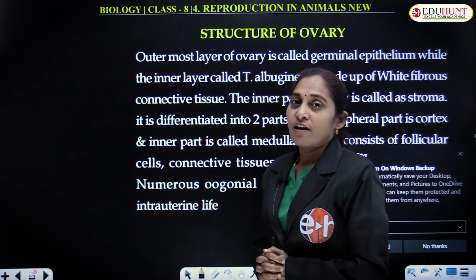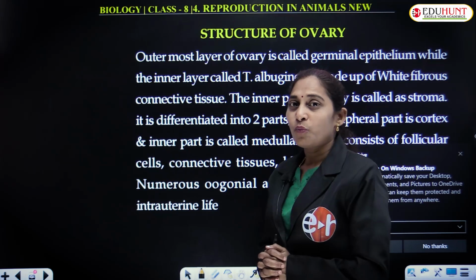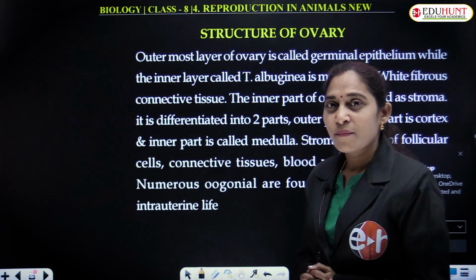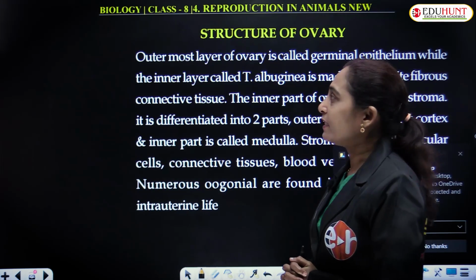Ovaries are lined by two membranes. The wall consists of two layers, the outer and the inner.